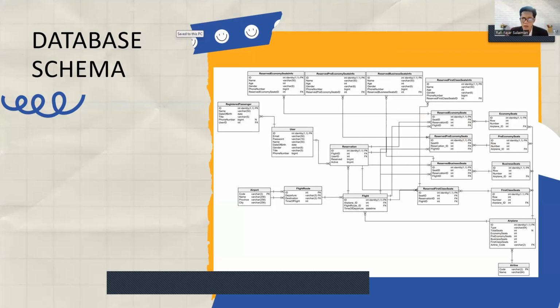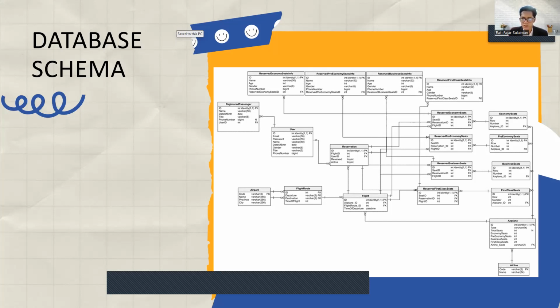And then from the user, we connected the user to a table called registered passenger. It has the fields name, date of birth, title, phone number, and user ID. We have the registered passenger table to use it as a registered list for the user when he wants to add passengers, extra passengers.